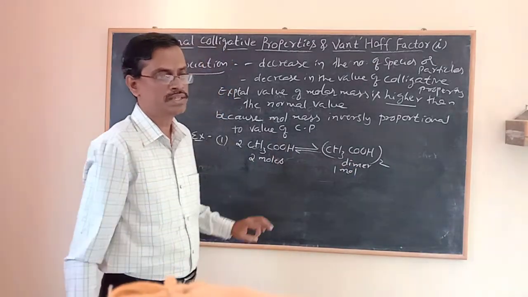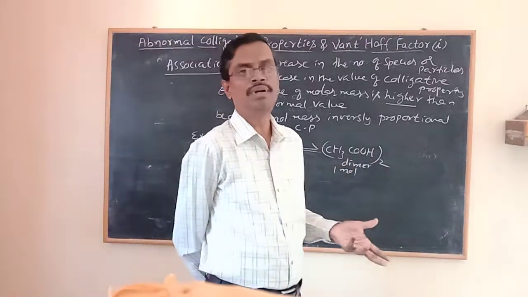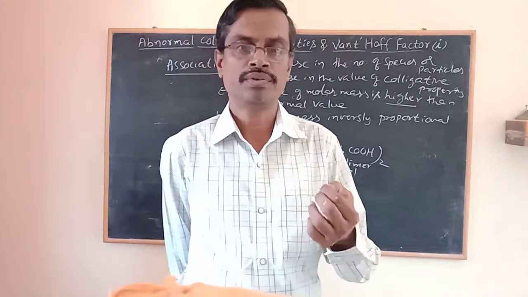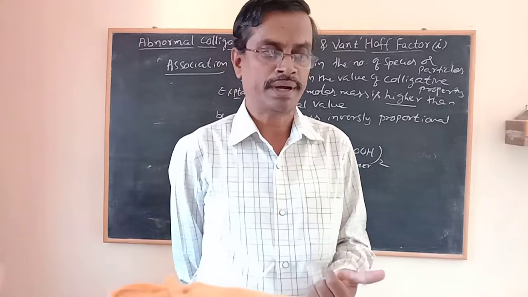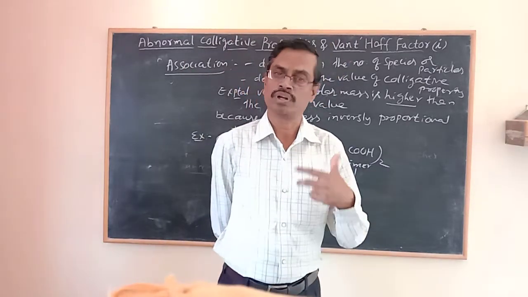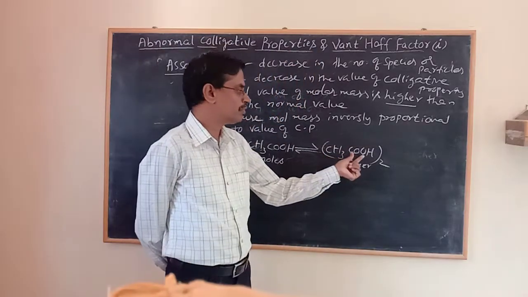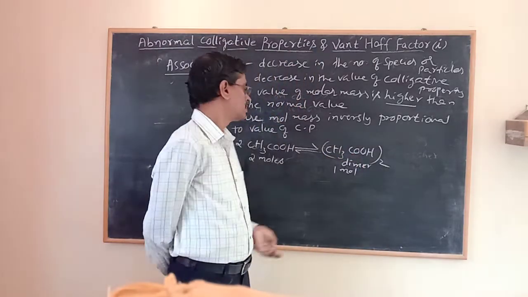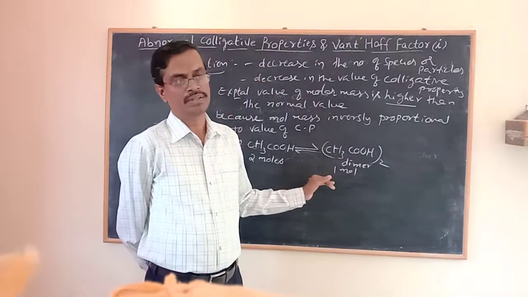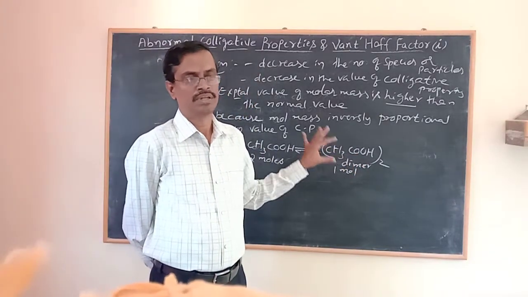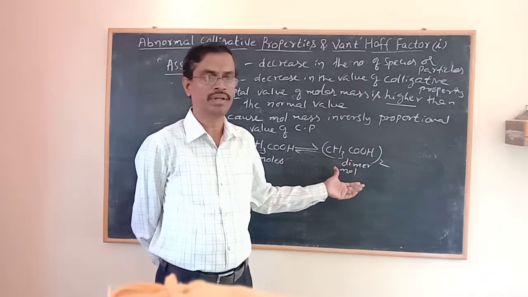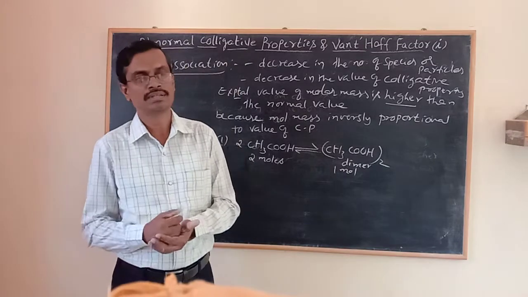For example, the experimental value from the depression of freezing point gives a molar mass of 118 compared to the normal value of 60. The molecular mass is calculated using the formula and is found to be 118, almost equal to 120, which is double the value of 60.